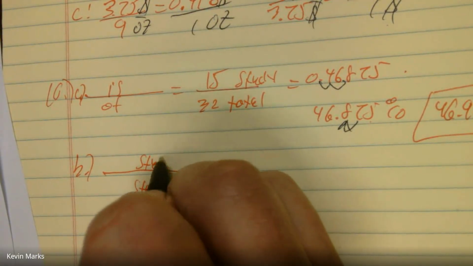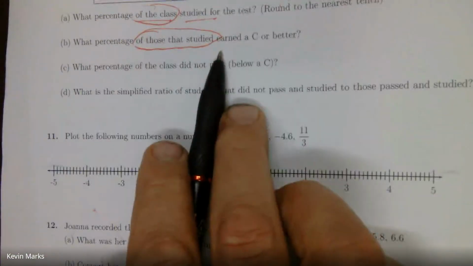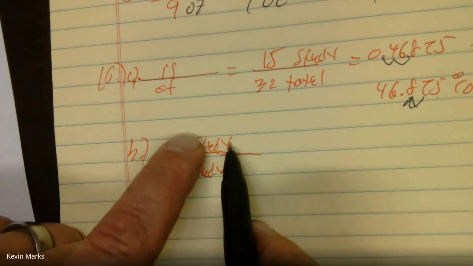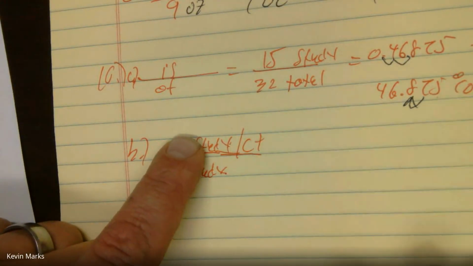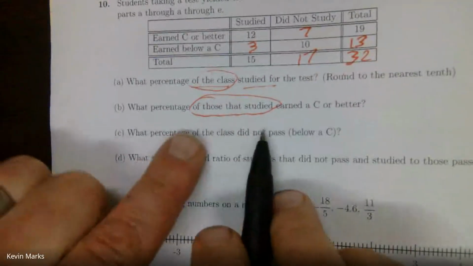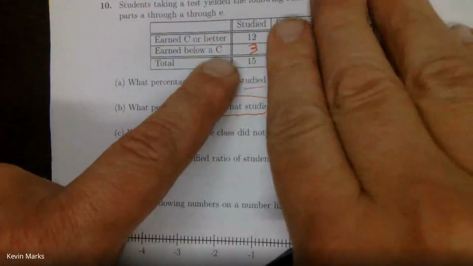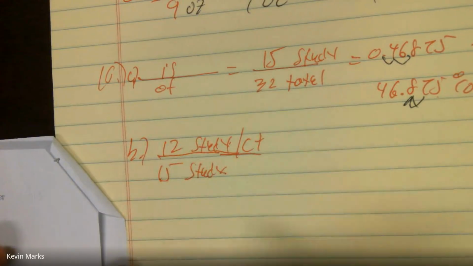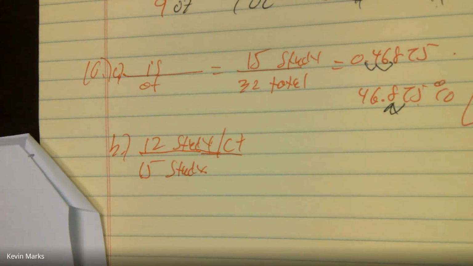Within that is a smaller group, the ones who got a C or better. Within that study group, we want C or better. So the ones that studied are 15. In that 15, how many got a C or better? 12. So 15 total people studied, and 12 of them got a C or better.